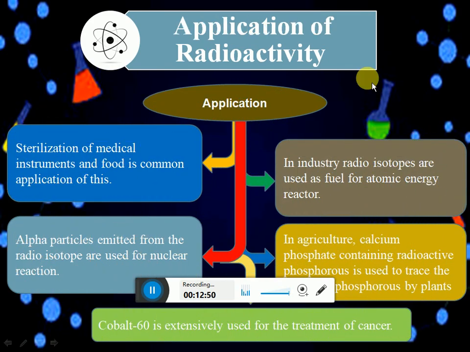Next is the application of radioactivity. As we know, radioactivity has many applications. Its isotopes are used in different types of atomic reactors, which provide a cleaner source of nuclear energy.